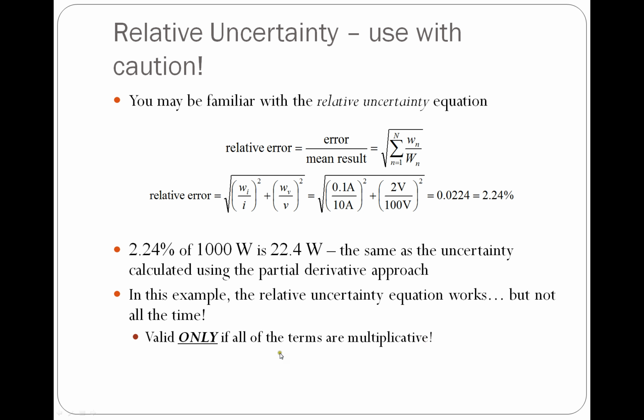If you have any addition terms whatsoever, or you have square root terms or things that are squared, this relative uncertainty approach does not provide the correct result. Just taking the uncertainty and dividing by the nominal value and squaring it will not work in cases where you have any additive terms or any terms that are squared or have a square root in them. So please be careful with that, and understand that while the relative uncertainty method is very convenient, it's only valid if everything is multiplied together and there are no other mathematical operations occurring.